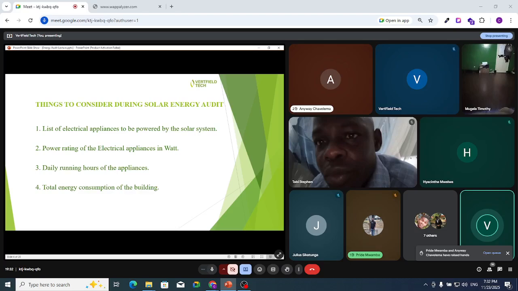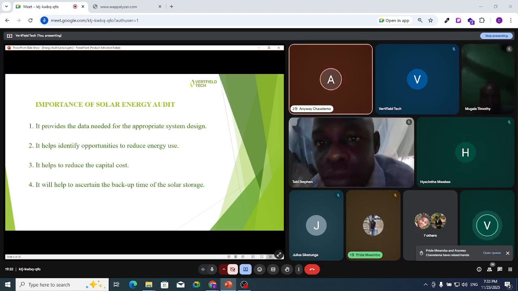All right. So, importance of solar energy audit: it provides data needed for the appropriate system design, identifies opportunities to reduce energy use, helps you to reduce the capital cost, and also helps you to ascertain the backup time for the solar storage. So these are just a few of them.